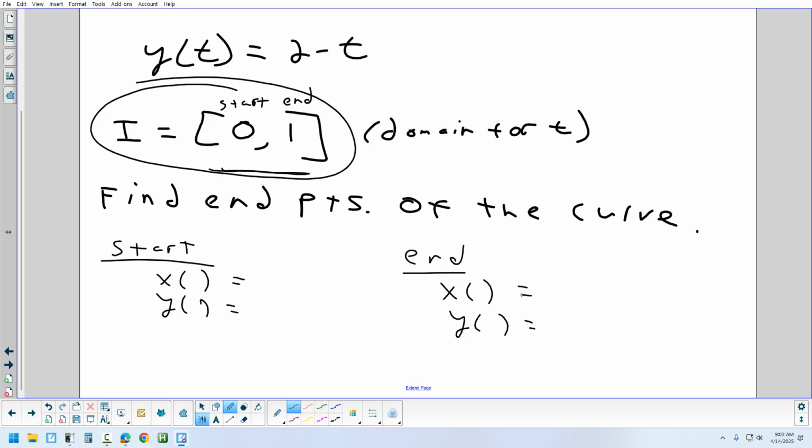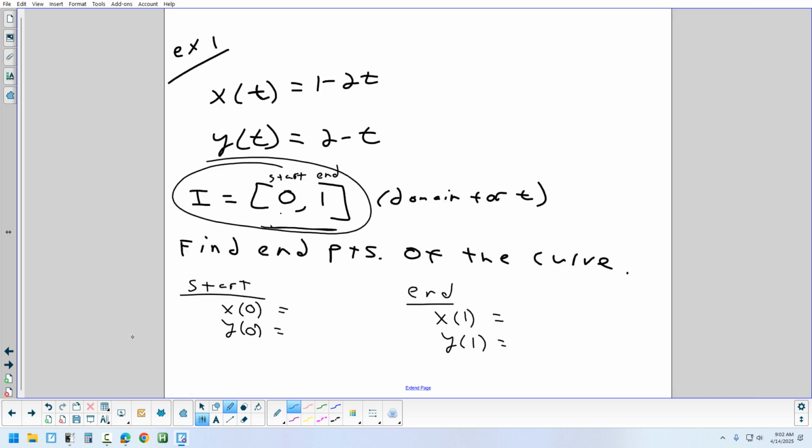Where it starts is controlled by the low value. Where it stops, the high value. And now we just figure out those 4 calculations. Okay, if I plug in 0 for t in the x formula, what will I get for an answer?